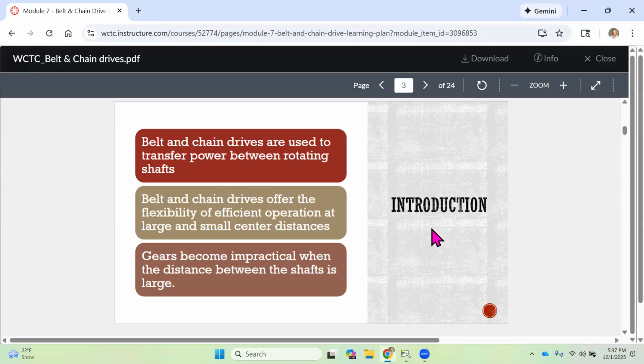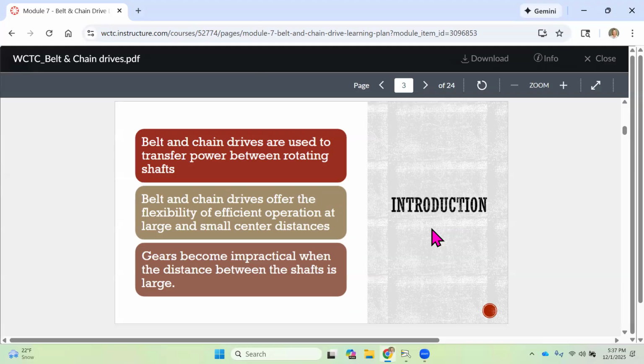Okay. Belt and chain drives offer flexibility and efficiency of operation, but most importantly, we can change our center distance, whether they're closer together or further apart, more so than gears. With gears, we have to have them up against each other, engaging with one another, so we have set center distances based on the size of the gears.